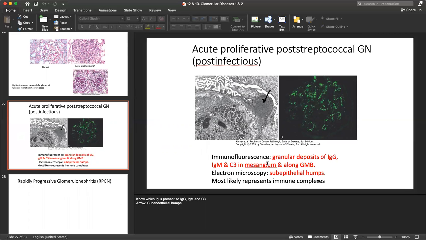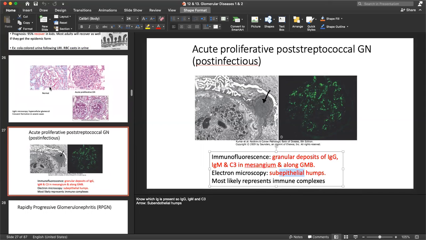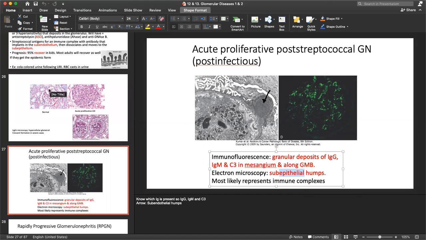So on electron microscopy, you're going to have subepithelial humps. So make sure that you know it's epithelial. And it's like these humps. So know this picture. Know it's granular. Know it's IgG, IgM, and C3 on the mesangium.